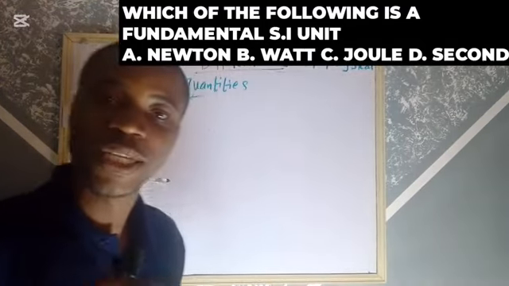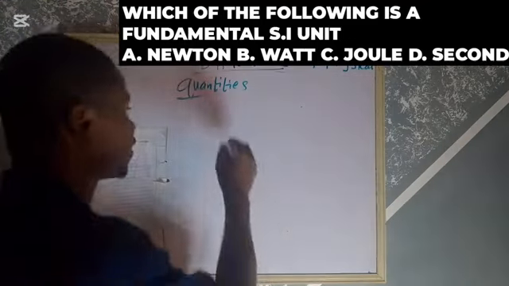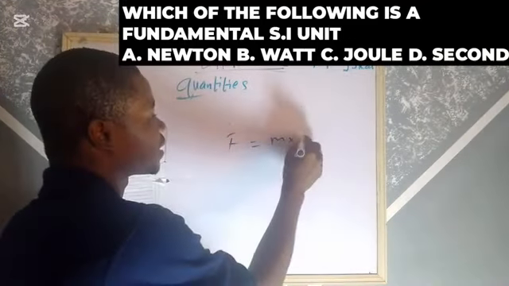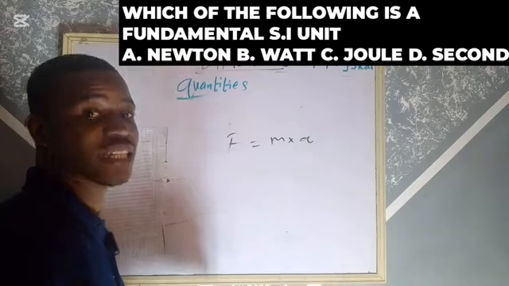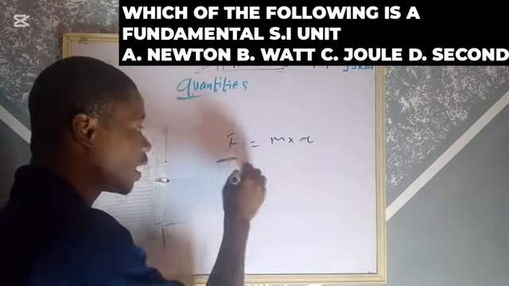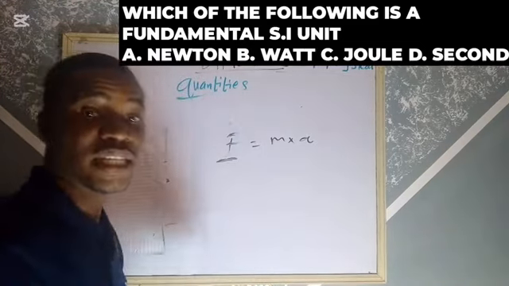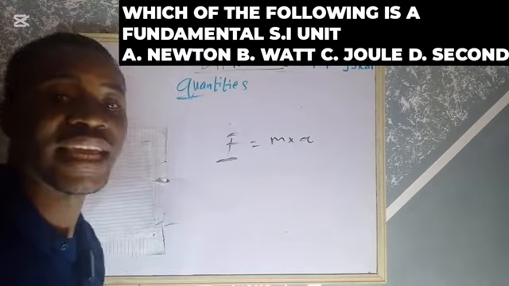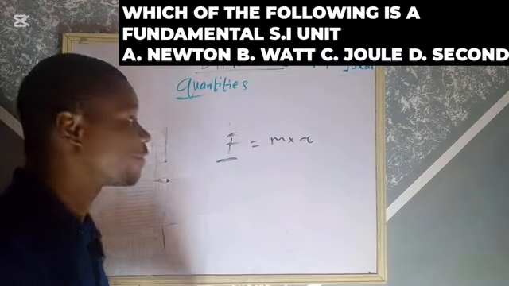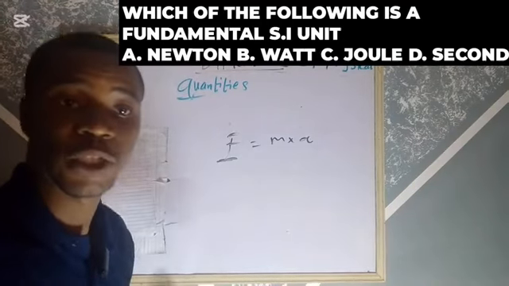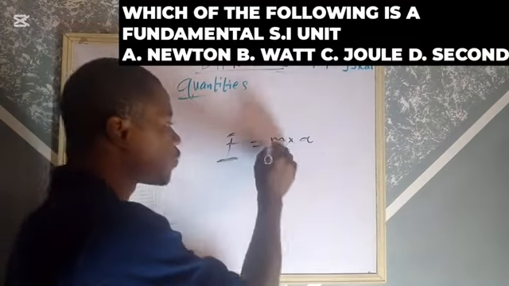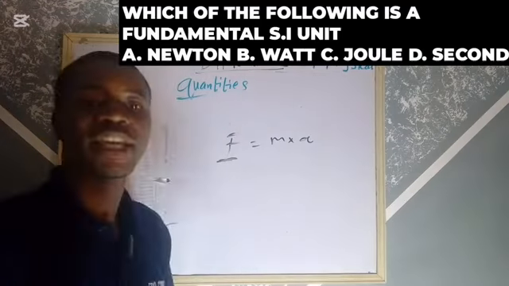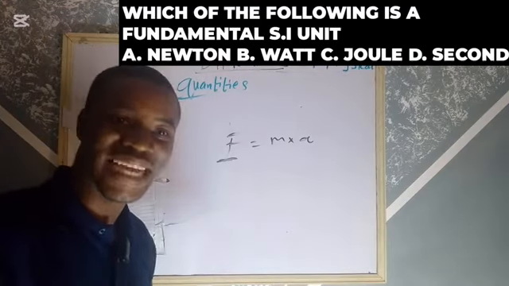Newton, of course, is the unit of force, and force itself is mass times acceleration. So since force is mass times acceleration, it means that force is a derived quantity. And for it to be a derived quantity, it also means it would have a derived unit. So the unit of force, which is Newton, can never be a fundamental unit, but rather a derived unit.